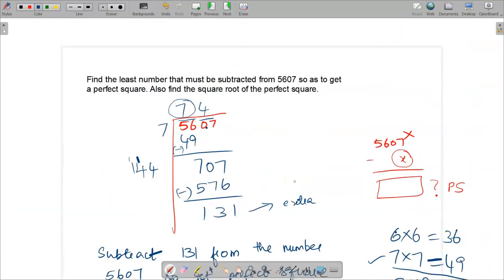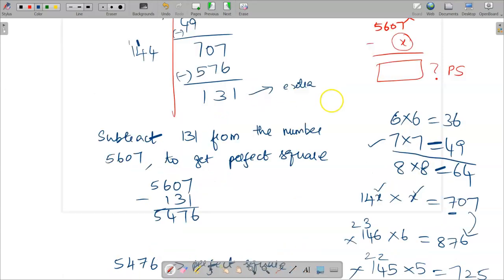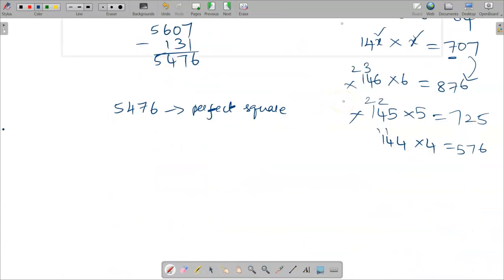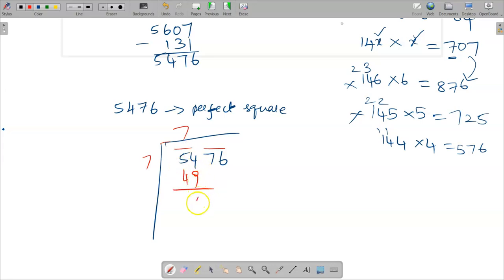And also they are asking to find the square root of the perfect square. So the square root of the perfect square 5476. As we have proceeded, 7 sevens are 49. So balance is 5, 576. Now we determined that 7 into 2 is 14.